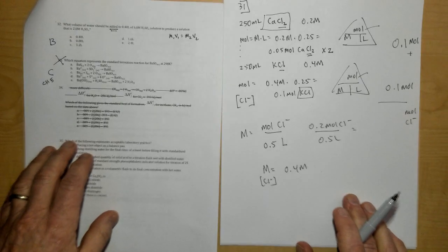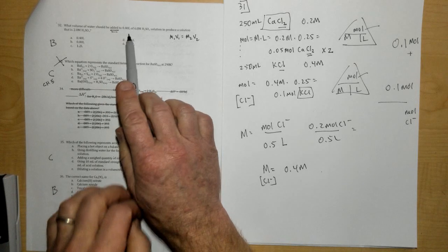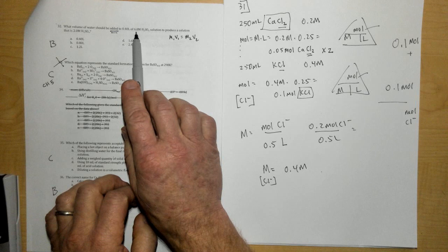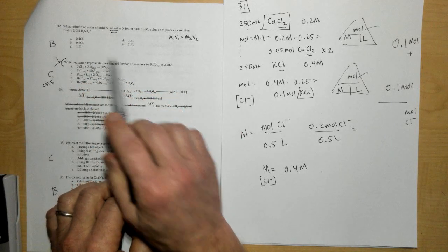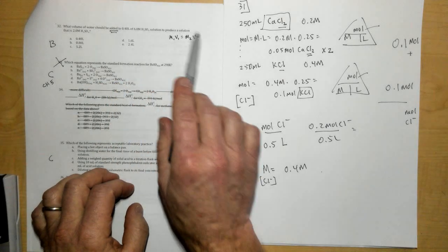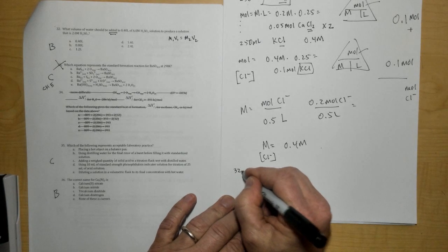32. What volume of water should be added, and I underlined that twice right there, to 0.4 liters of 6 molar H2SO4 solution to produce a solution that is 2 molar in H2SO4. So this is water being added to a solution, so immediately I go to my M1V1 equals M2V2 dilution equation.